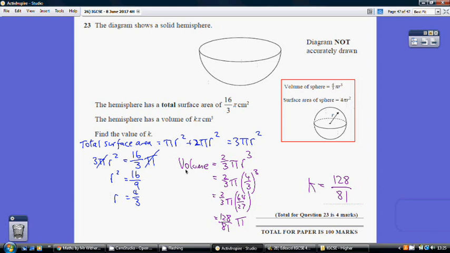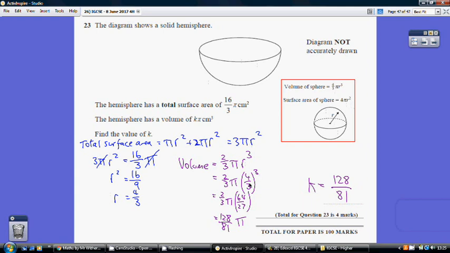So now let's move on to the volume of this hemisphere. Now from the formula sheet, the volume of a sphere is 4/3 pi r cubed, so the volume of half a sphere is going to be 2/3 pi r cubed. But we've just worked out that the radius is 4/3, so that's going to be 2/3 pi times 4/3 cubed.